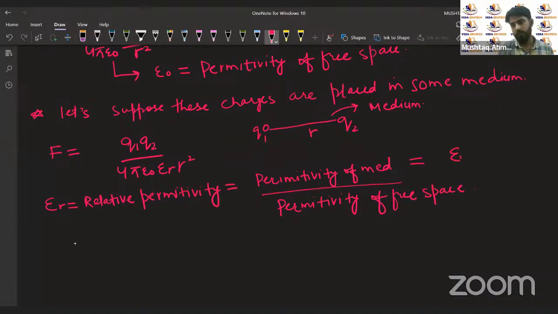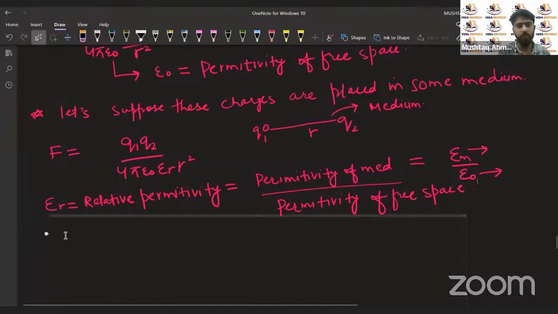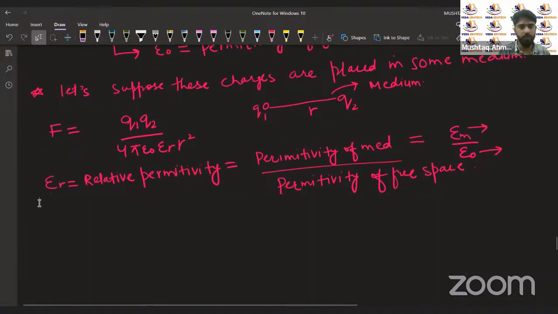This is epsilon m upon epsilon naught, where this is the permittivity of medium and this is the permittivity of free space. Now the question is, what actually is permittivity? How do we understand this term permittivity?